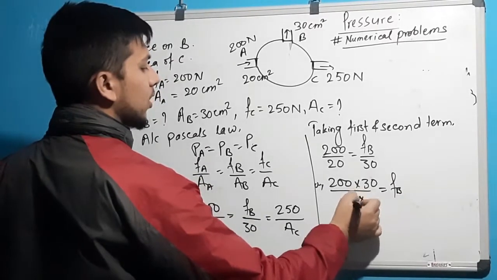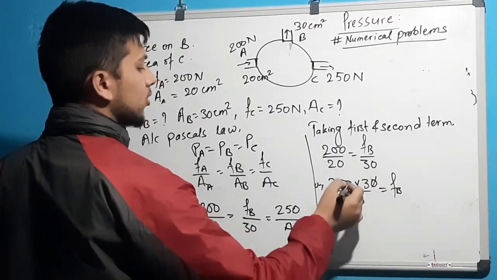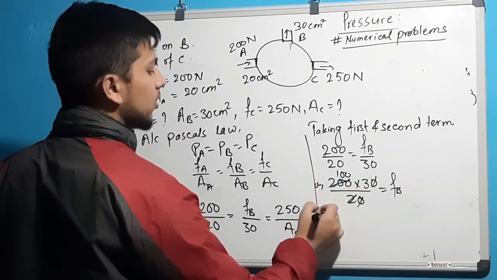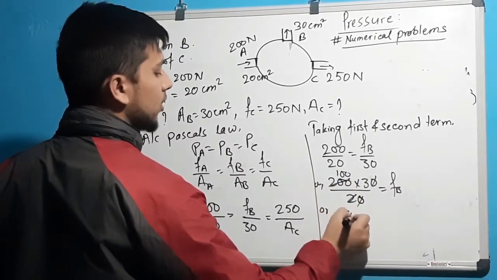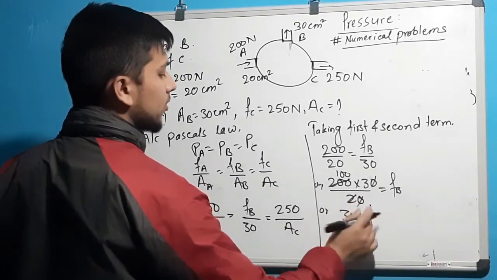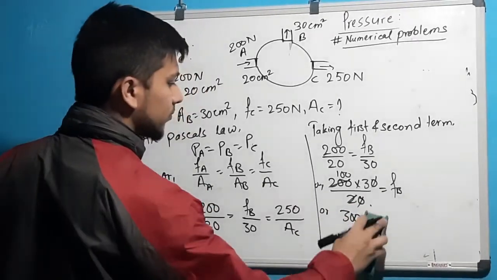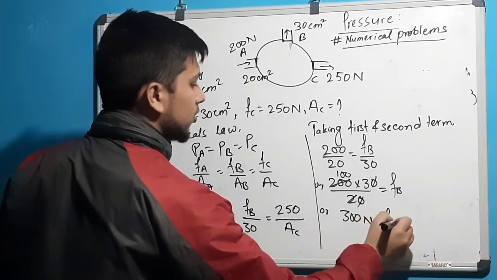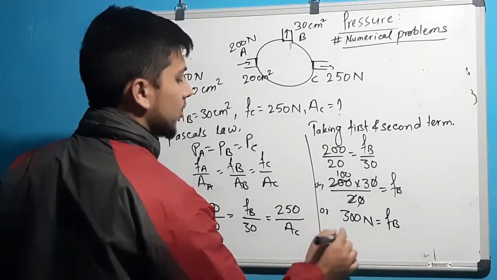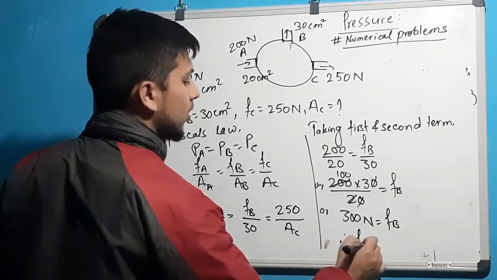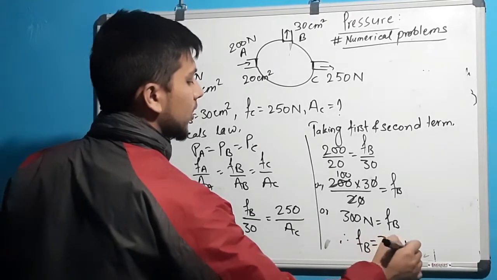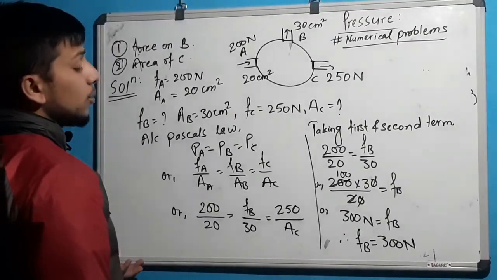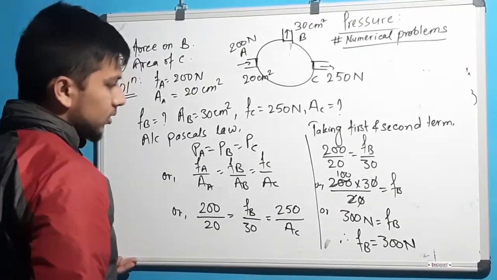You have to cut this 10 and this 2, then 10 times 10 into 3, or 300. 300 Newton equal to FB. This is force, so we have to write Newton. यसरी force acted on piston B will be 300 Newton.